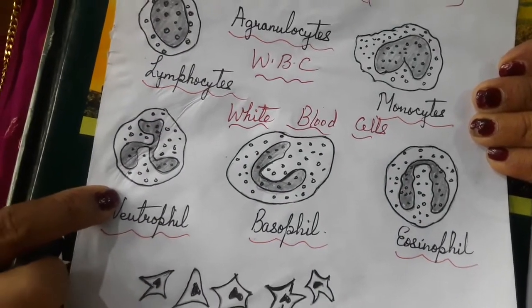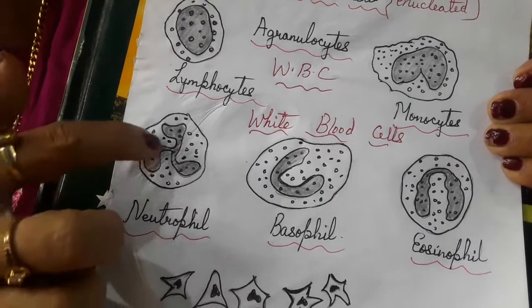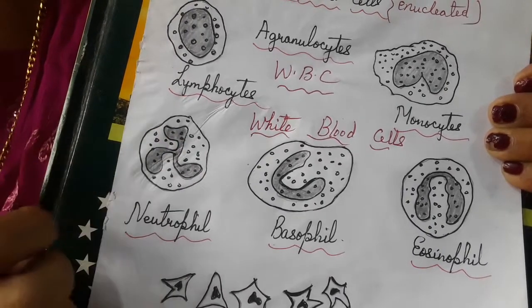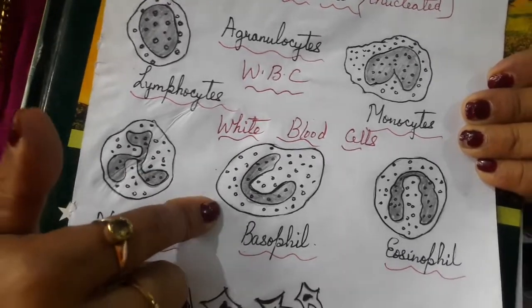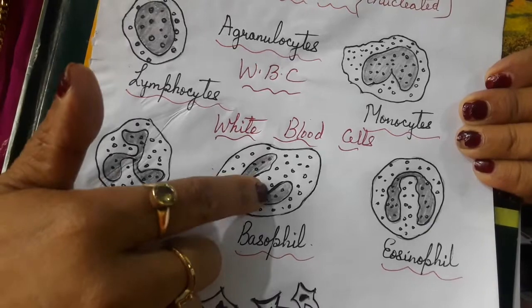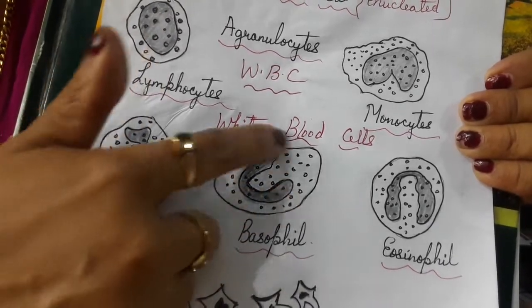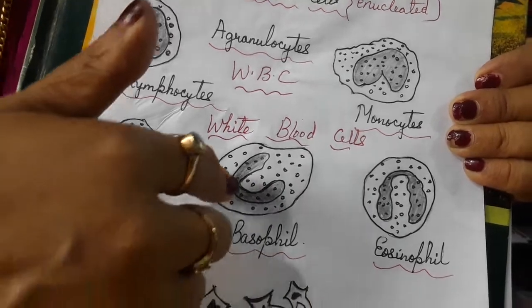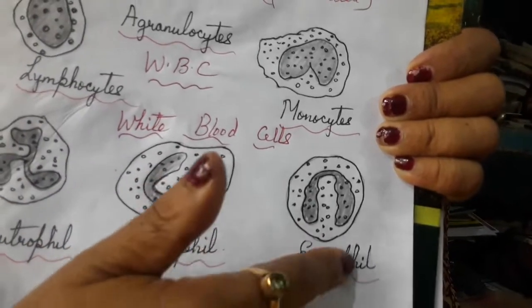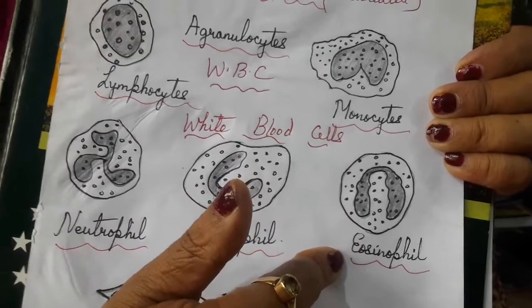Neutrophils can be stained with neutral dyes. The nucleus is lobed, 3 to 4 lobed. Basophil, you can see the nucleus is 2 lobed, cytoplasm granular, and they can be stained with basic dyes. Then you have the eosinophil.